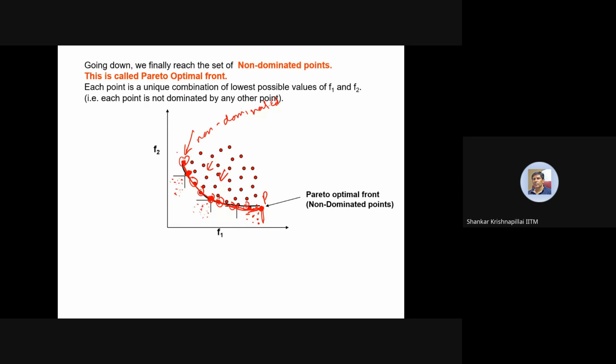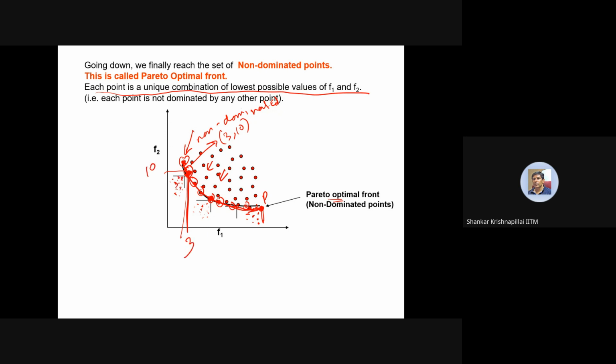The locus of all these unique points is called the Pareto optimal front. Each point is a unique combination of the lowest possible values of F1 and F2. Let us take this point, say F1 equal to 3, F2 equal to 10.